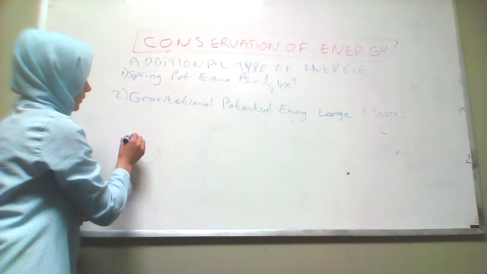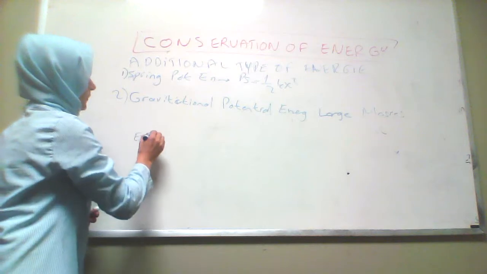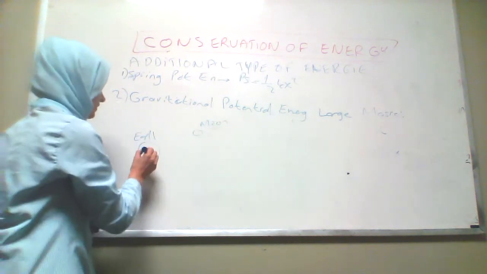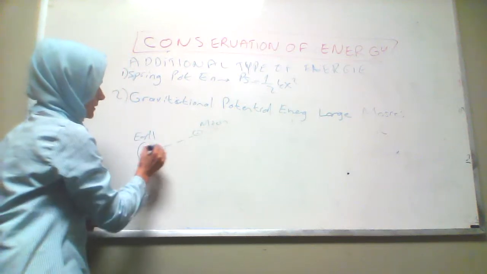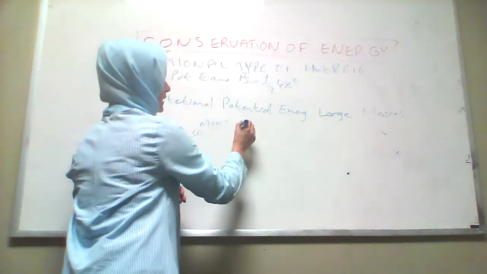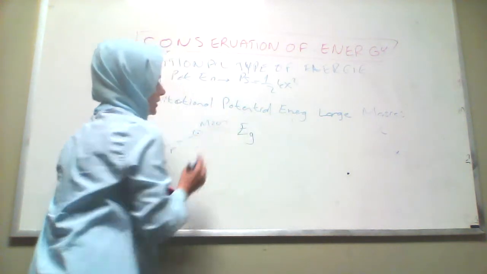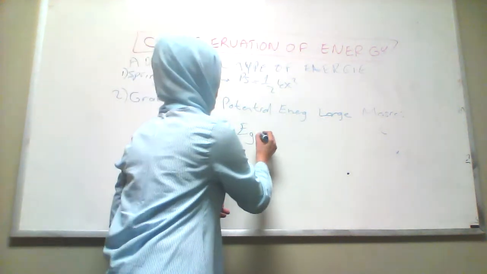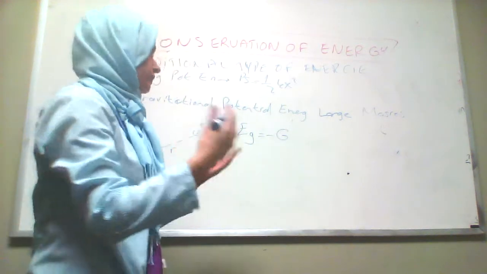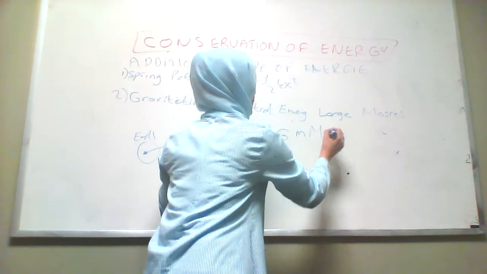Let's say in between Earth and the Moon, or International Space Station, if there is distance r in between their centers, the gravitational potential energy, we will call Eg, will be equal to minus G, the universal gravitational constant, times m of Moon and Earth divided by r.